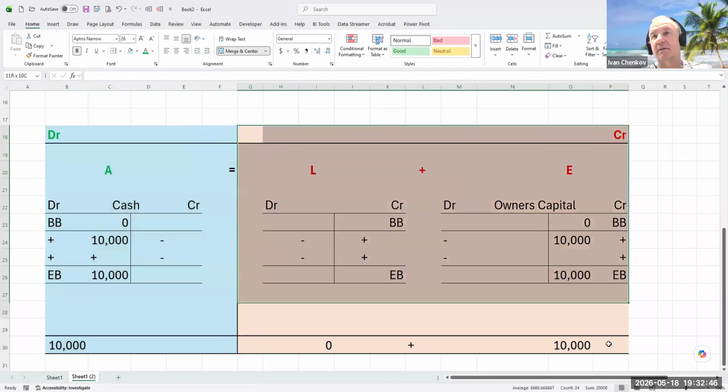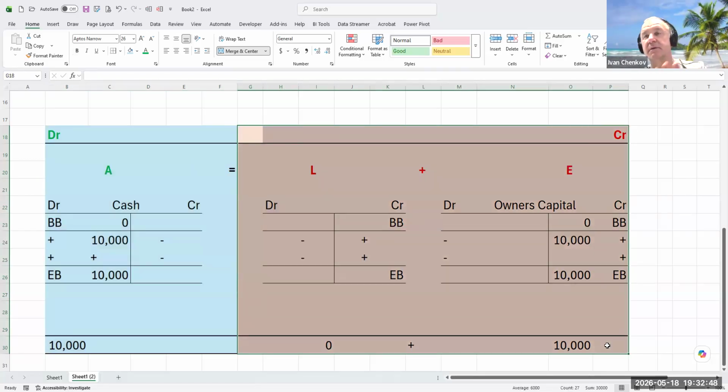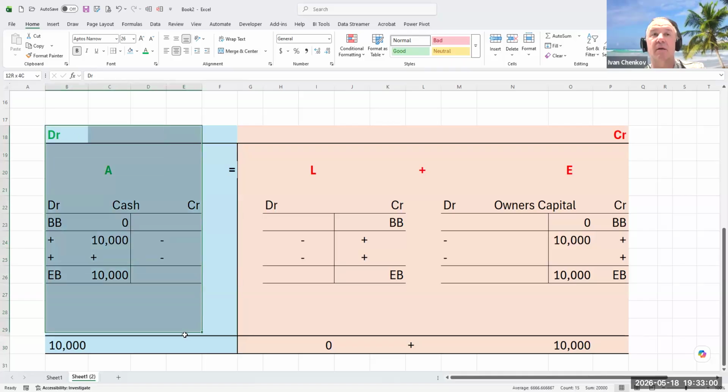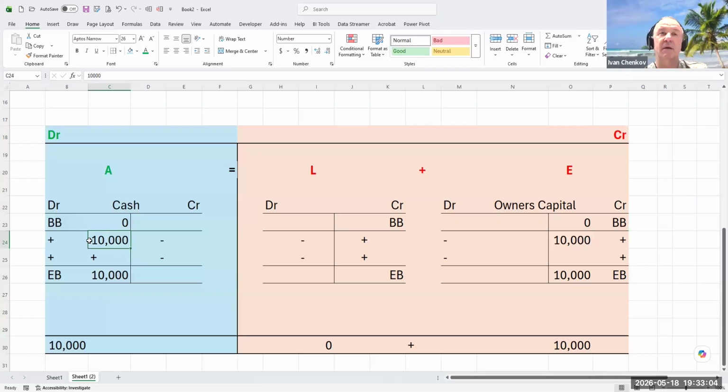On the right side of the equation, it stays on the right side of the T account, or the credit side. So that's how you can easily remember it: asset normal balance will be debit, and asset always increases on the debit side.